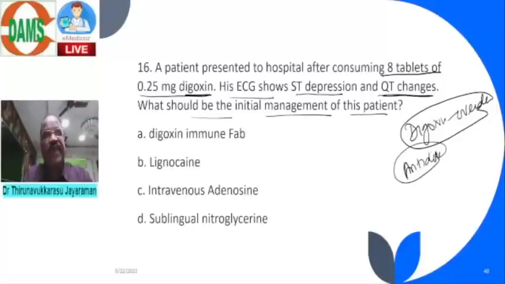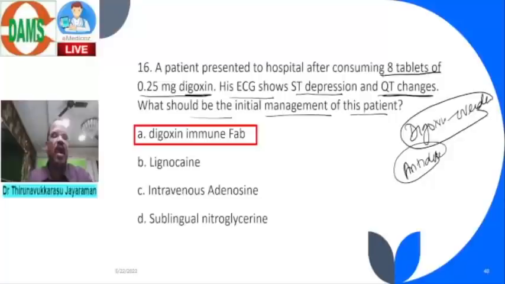We have one specific antidote for digoxin that's called Digibind, also called digoxin immune Fab fragment. So it is called the antidote for digoxin. That should be the choice. After stabilizing the patient, we can treat and give some antiarrhythmics supportively.